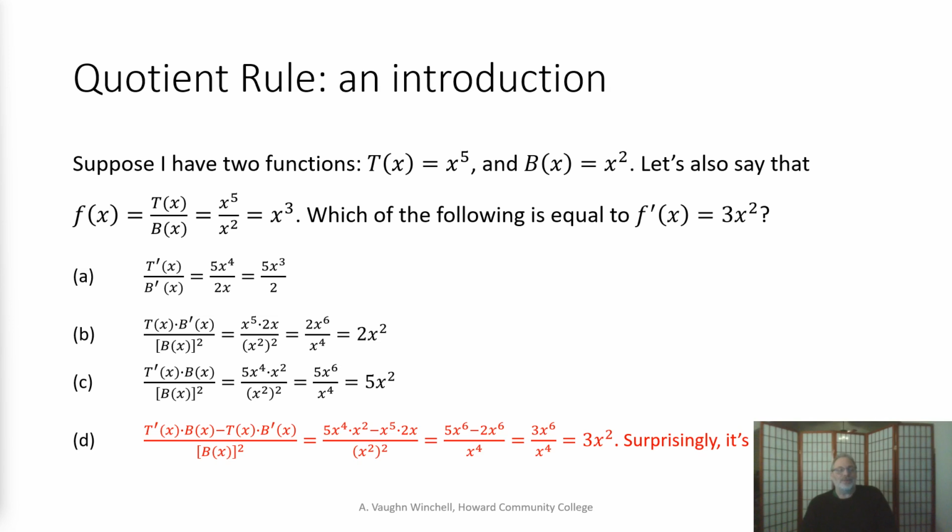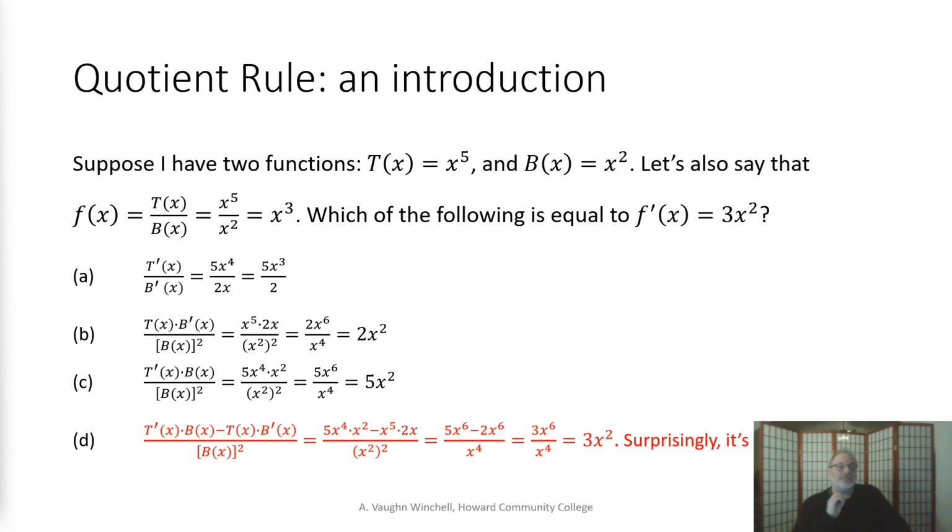The t stands for top and the b stands for bottom. My function f of x is t of x over b of x, the top over the bottom, that is x to the fifth over x to the second, which equals x to the third. So which of the following choices A, B, C, or D is equal to f prime of x?